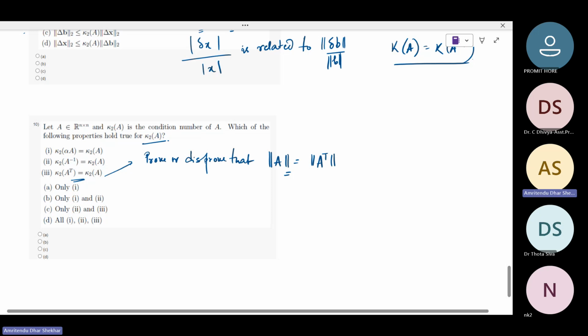The statement is true or not true based on whether this is true or false.